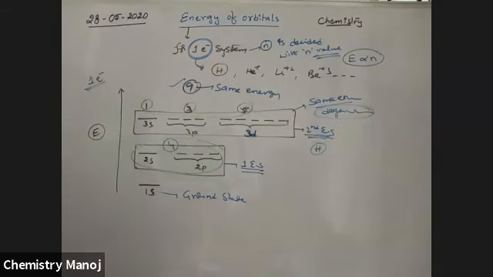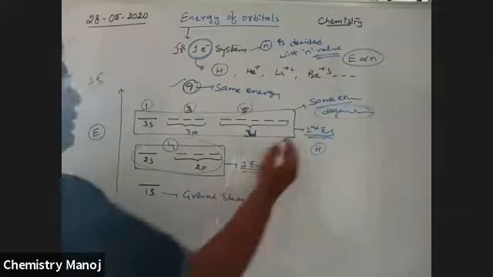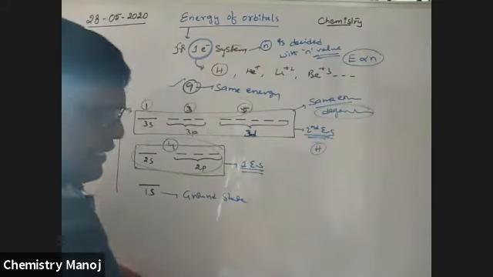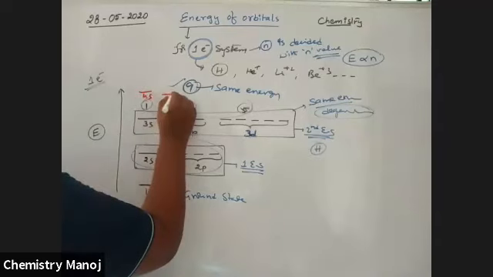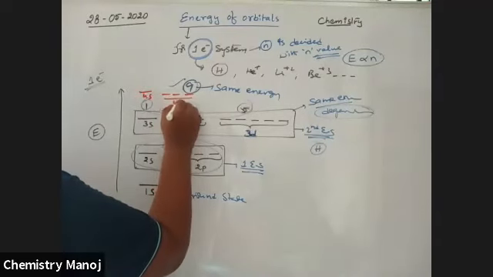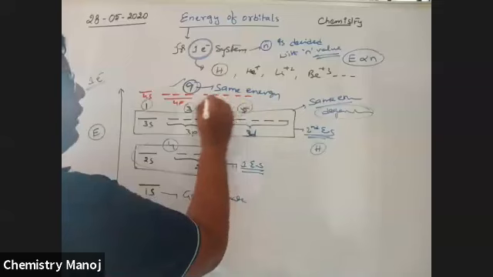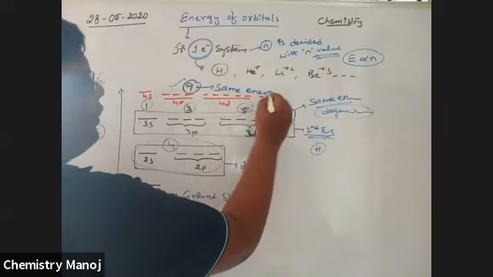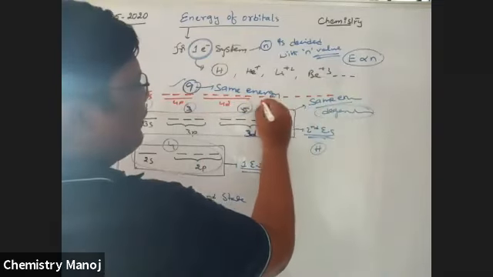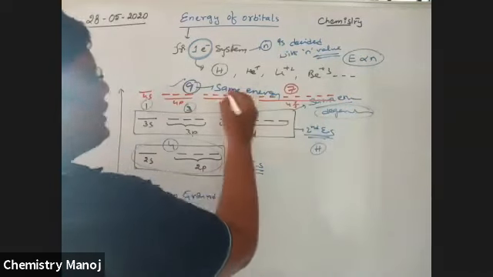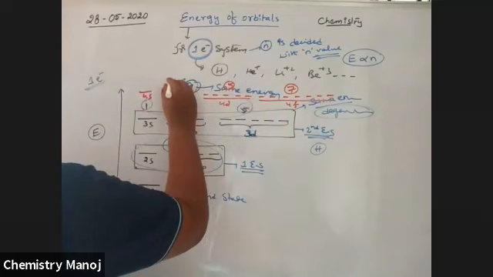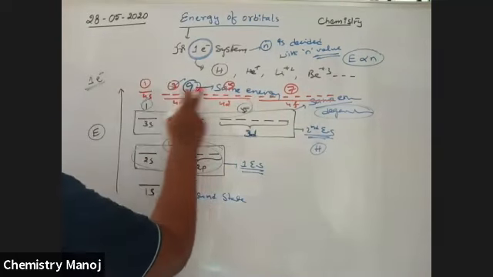So what about the third one? For the third excited state, that is 4s, 4p, 4d, 4f: 1, 3, 5, 7. It is 1 plus 3 plus 5 plus 7.